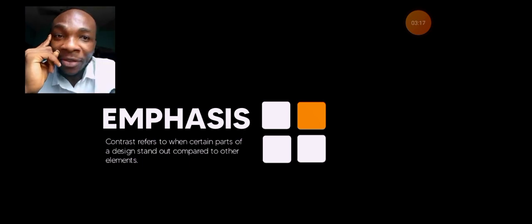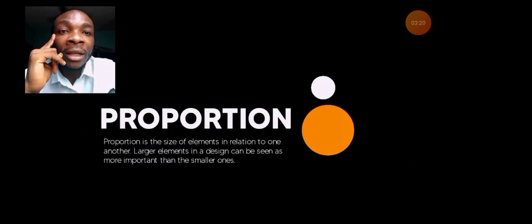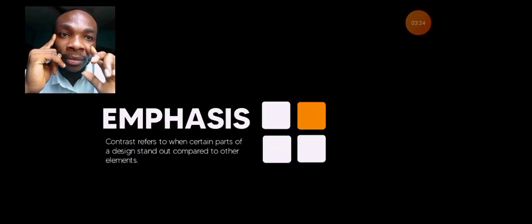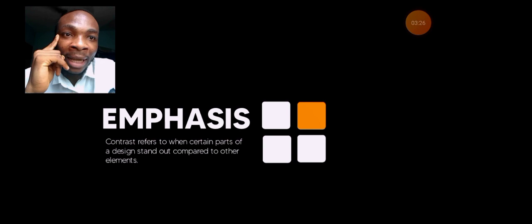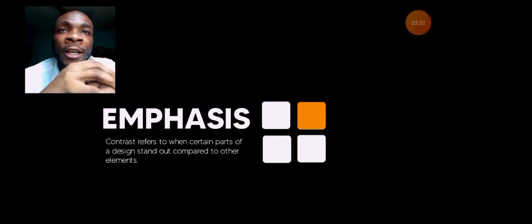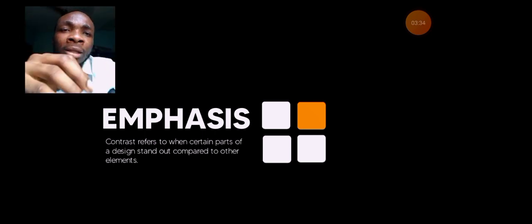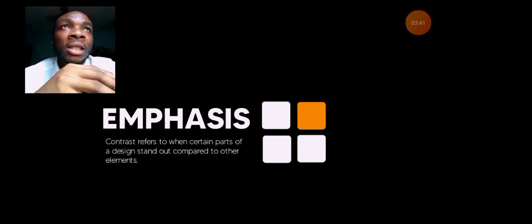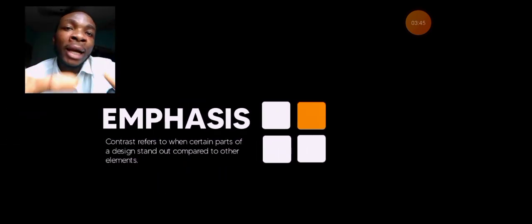The next principle I'm talking about is called emphasis. Now, emphasis refers to when... I did not prepare this particular slide very well. I wrote something else here, but yeah, let me talk about emphasis. Emphasis is when you use a particular element to signify importance. You understand? So for instance, let me even use this particular slide as an example.